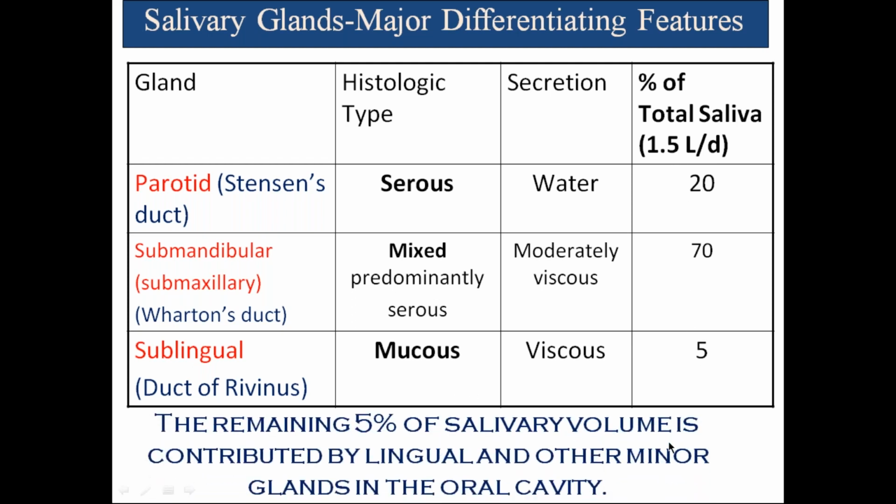The remaining 5% is coming from the lingual and other minor glands present in the oral cavity. The main secretion of saliva is coming from the submandibular gland, which is both serous as well as mucus. Parotid secretes only serous secretion, and sublingual is mucus secretion.